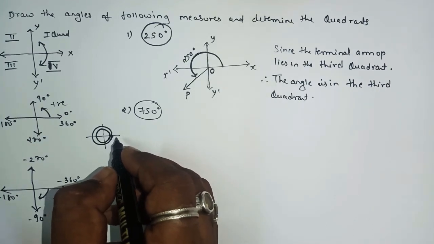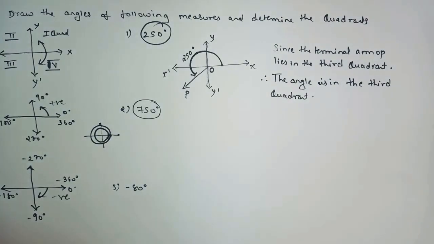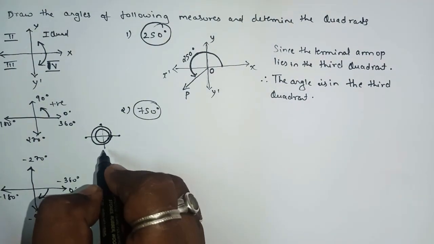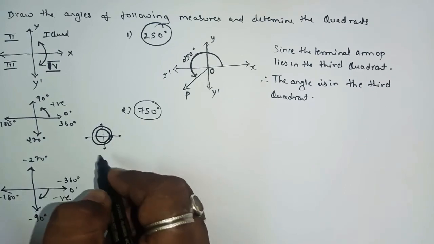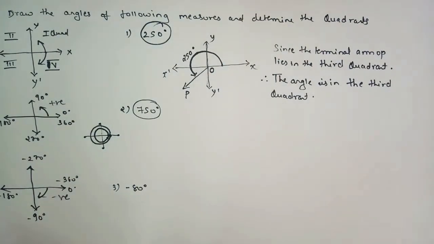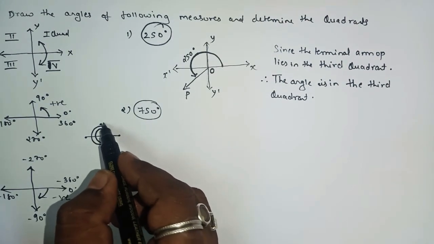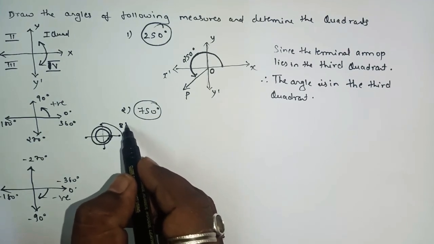Got the point? We know the difference from one quadrant to the next is 90. This is 0, 90, 180, 270 and 360. So 720 plus 90 will be 810. By common sense, 750 lies between these two, 720 and 810.